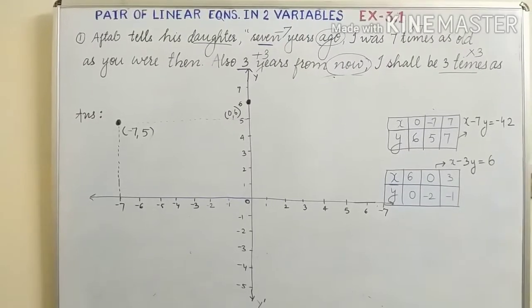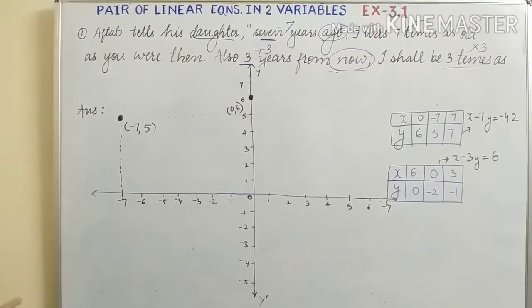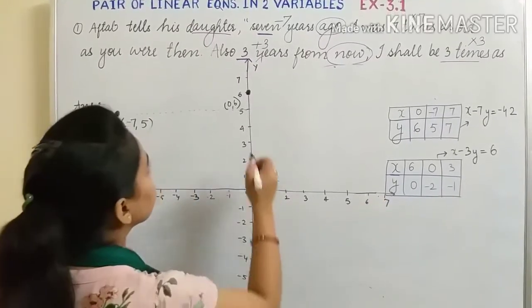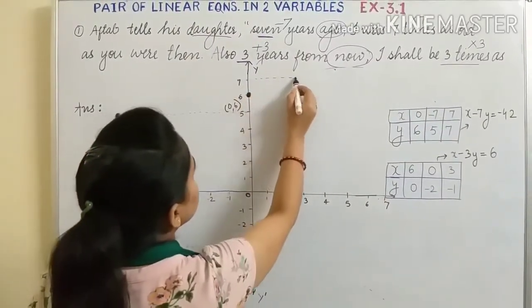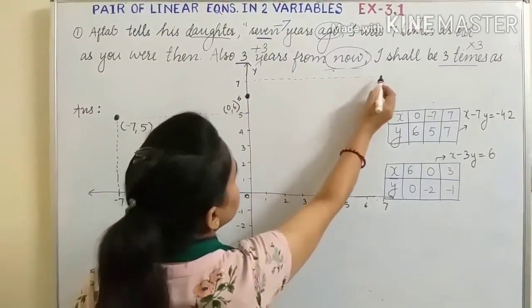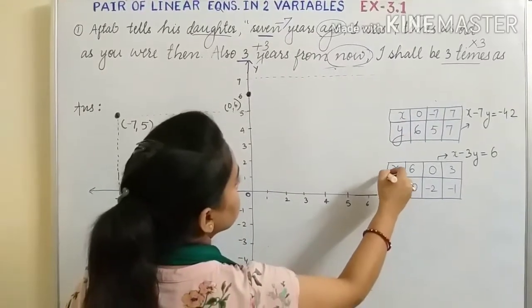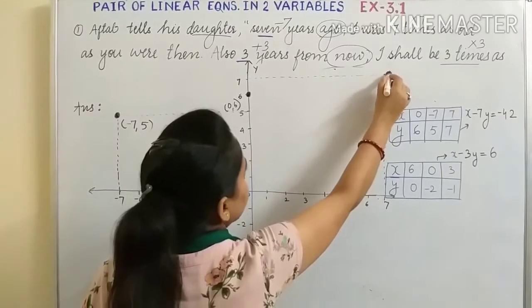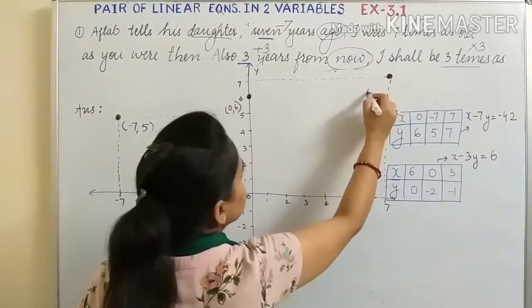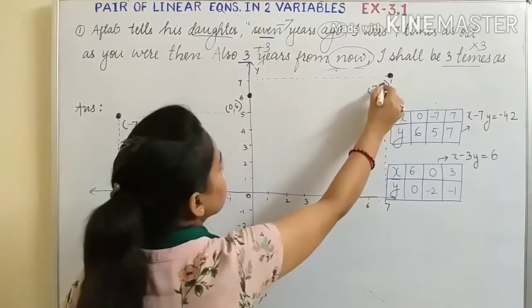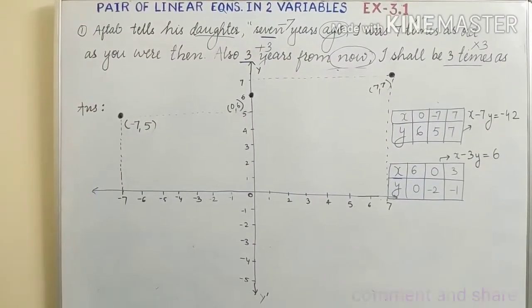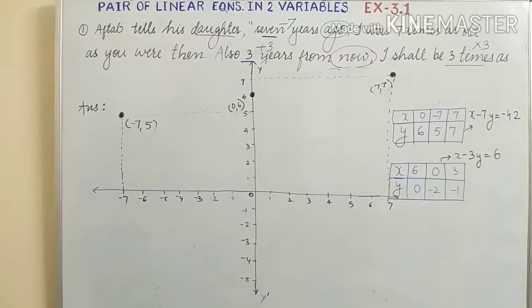Next point is 7, 7. x is 7 and y is also 7. This is x equal to 7 and this is y equal to 7. This point is 7, 7. Now this is the first equation and we will join these points so that we get the line.